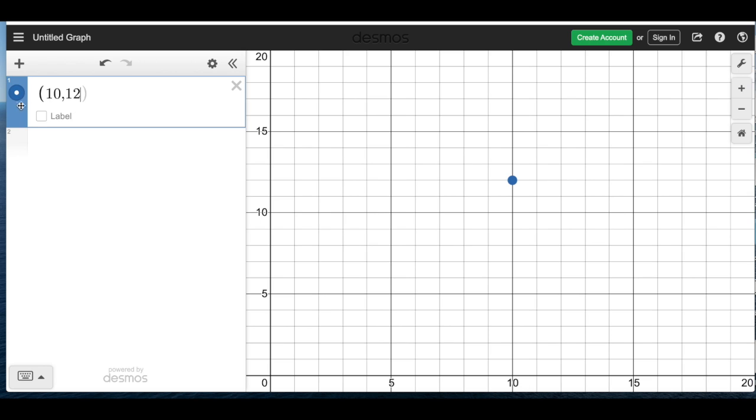It's a point there. And remember, next to whatever equation or point or thing you put in here, when you click on this and hold it down, you can change the color of it, you can change the style of it. So if you want it to be red, or if you want it to be an open circle, or if you want it to be an X, totally up to you.